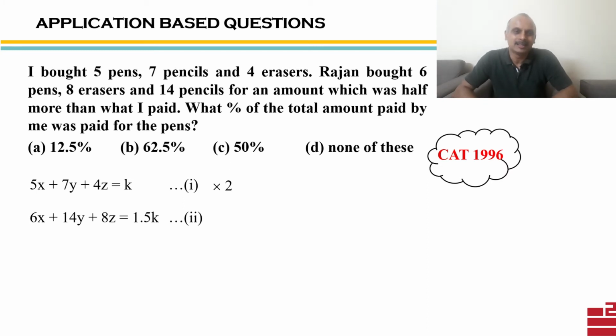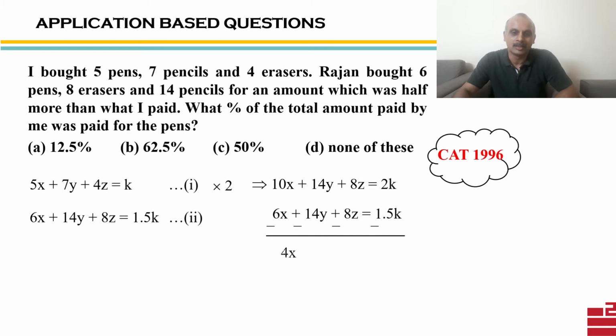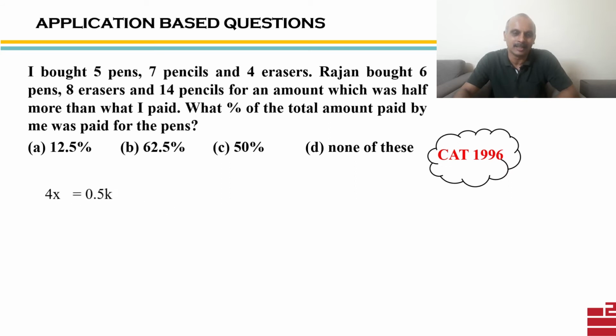We realize that 7y and 4z, the double of these is 14y and 8z in the second equation. So if I double the first equation and subtract, I will be able to eliminate y and z in one stroke. And this will give me the value of x in terms of k. If you subtract the equations now, you will get 4x is 0.5k, or you can say x is 0.5k upon 4.